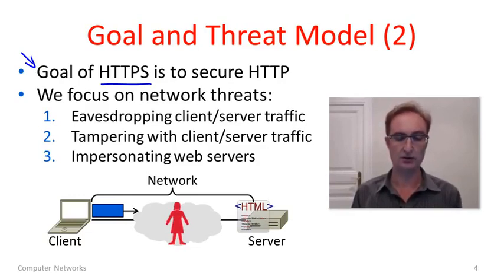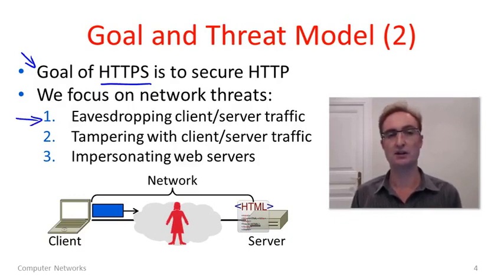You can see that these are all attacks or threats that are focused on the network portion of the protocol. The first attack is against eavesdropping on traffic between the client and the server. So someone being able to read the messages that you send between a client and a server as you use HTTPS, as you download that web page or post and upload your mail.